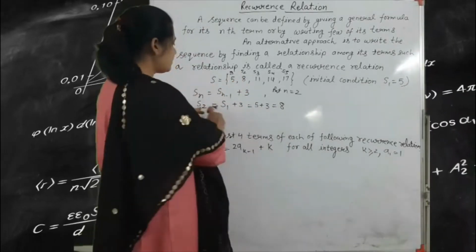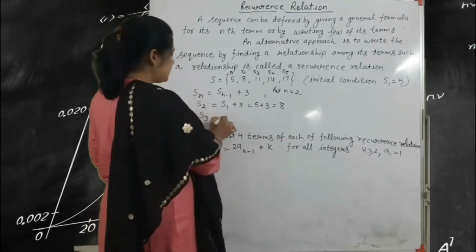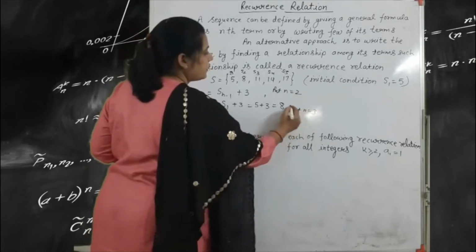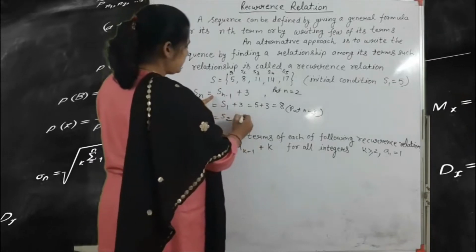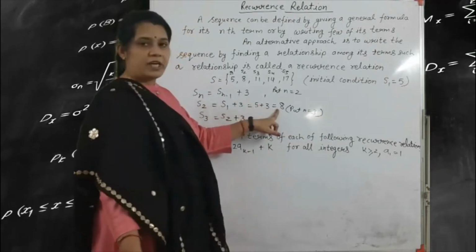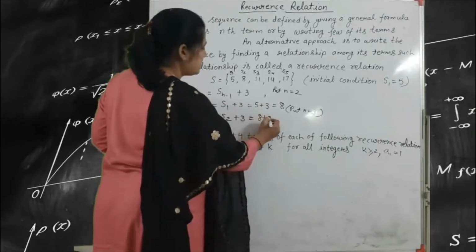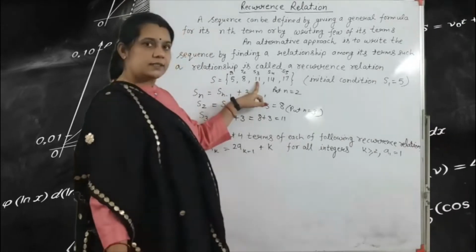Next, we have S2 is equal to 8, so we find the value of S3. Put n is equal to 3. So S3 is equal to S2 plus 3, and S2 we have already found to be 8. So we write 8 plus 3, that means 11. Got it? That means we get the third value.